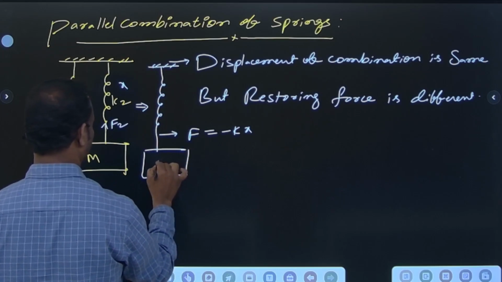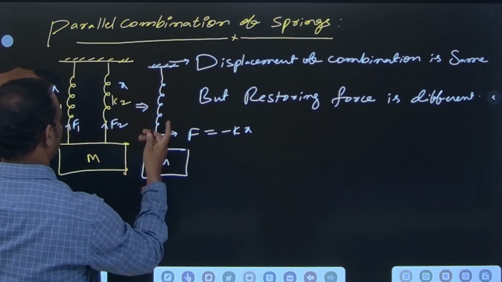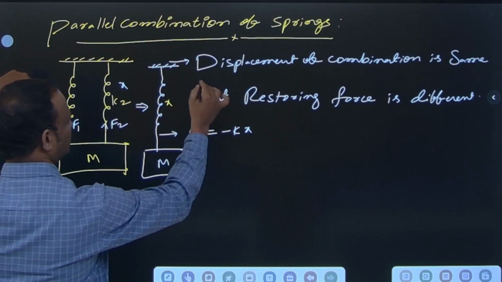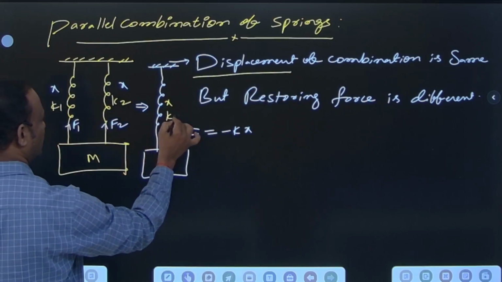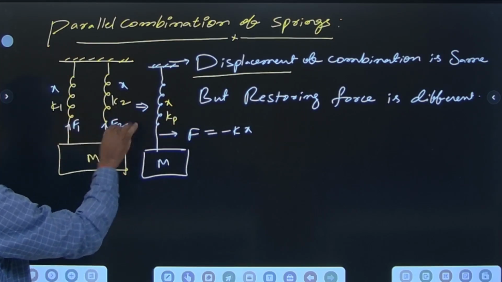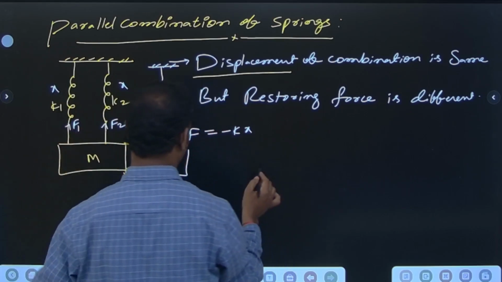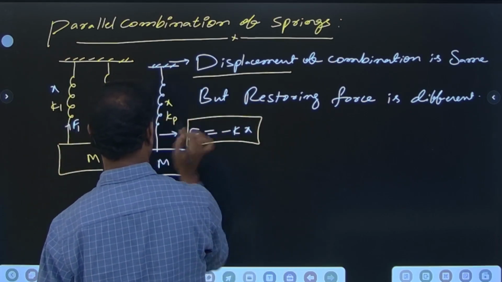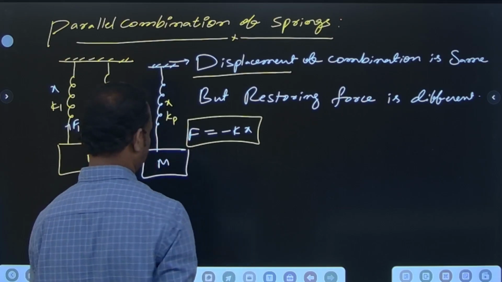Its elongation is X only, displacement is X. The spring constant is Kp. The forces differ. This is the total force, the restoring force F. F is equal to minus kx.